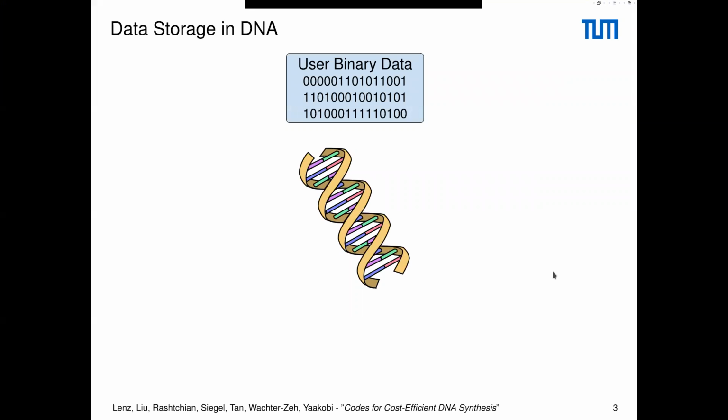All right, so how does data storage in DNA usually look like? First of all, because it's data storage, we have some binary data that is going to be stored inside DNA.